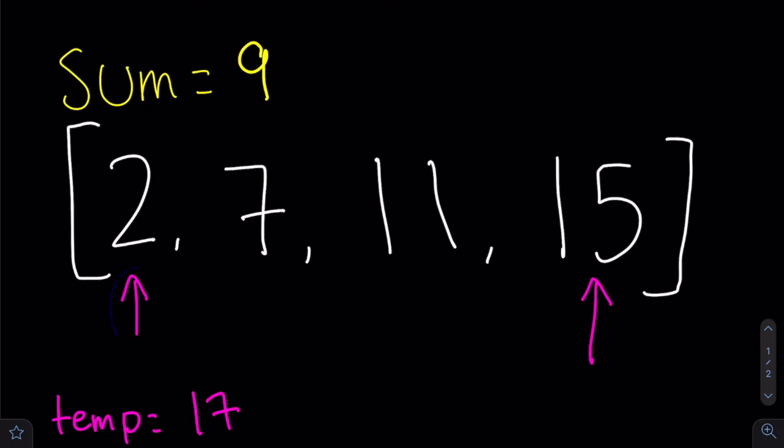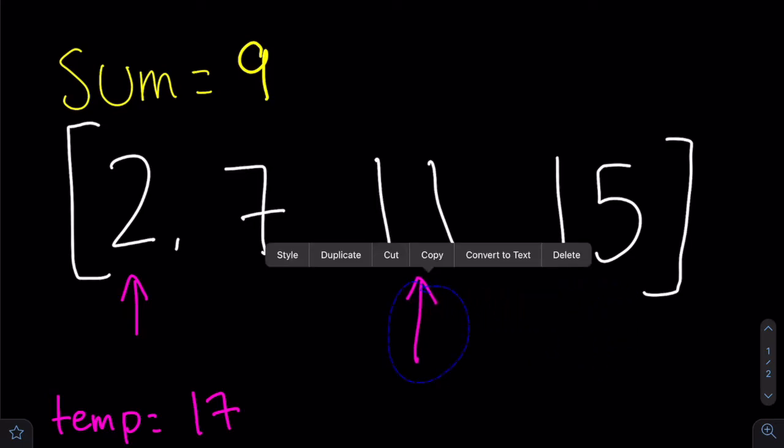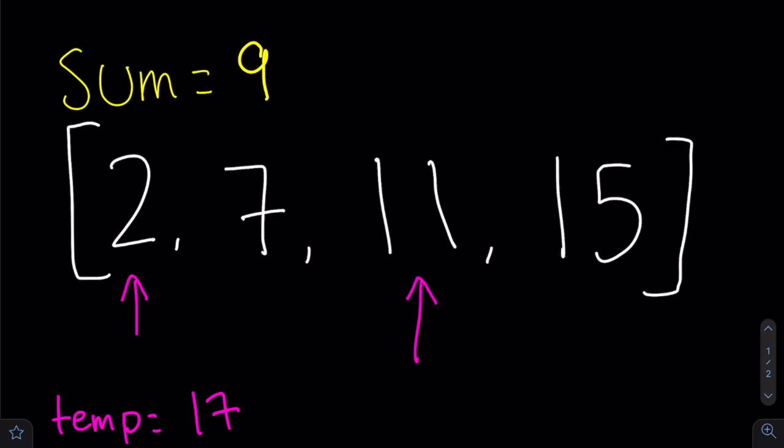Well, if we move the I index up one, that would mean that our temporary sum would become 22. It became larger, right? But we want our temporary sum to become smaller. So what would make more sense is if we moved the right pointer, the J pointer, to the left. And when I do that, the temporary sum becomes 13. It becomes smaller.